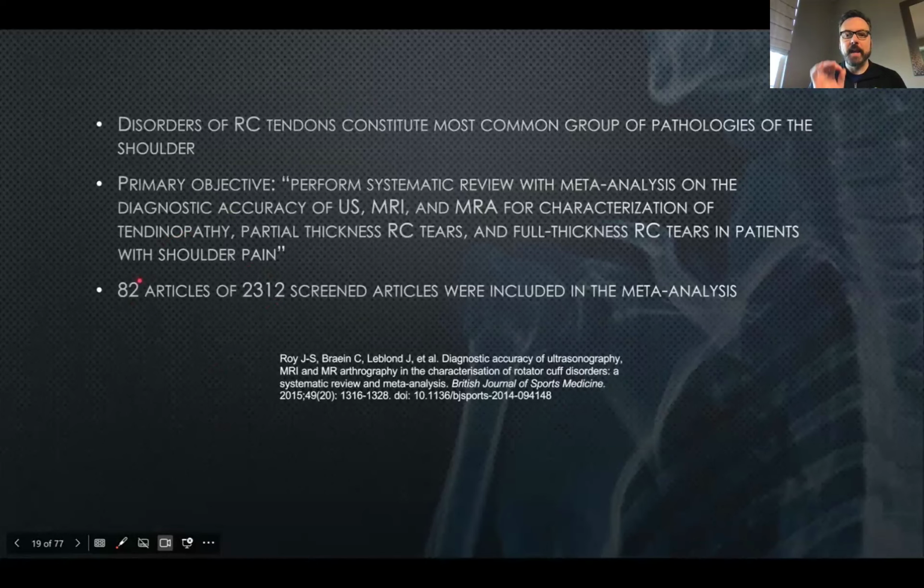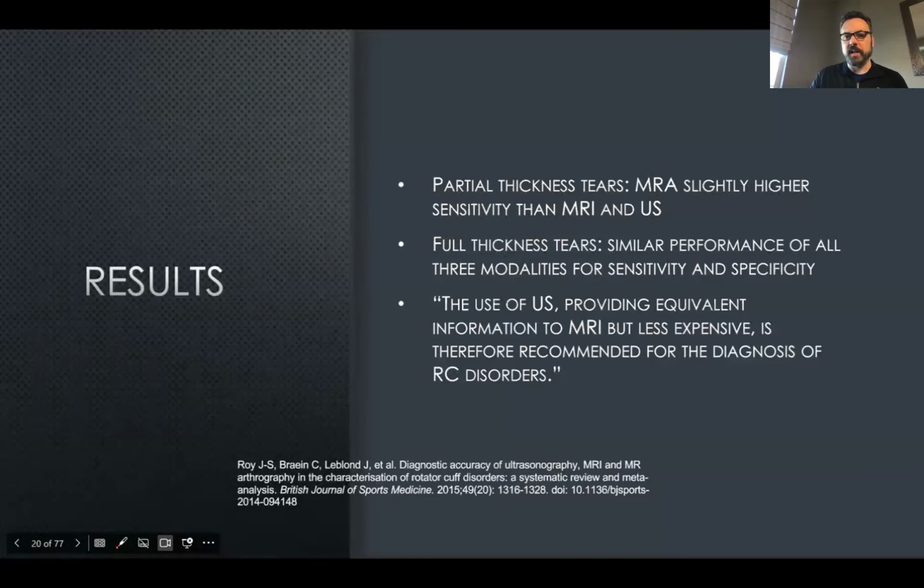And what they found was, let me get to the next slide here, that in terms of rotator cuff partial thickness tears, MR arthrography was slightly more sensitive than MRI and ultrasound. When it came to full thickness rotator cuff tears, all three modalities were equal.